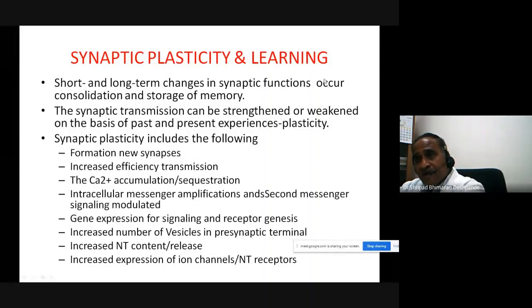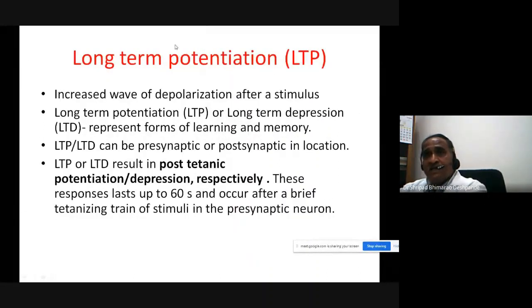Now come back here, then go to this. In synaptic plasticity, one of them is long-term potentiation: an increased wave of depolarization after a stimulus in the synapse. In synaptic transmission, you have an excitatory postsynaptic potential.